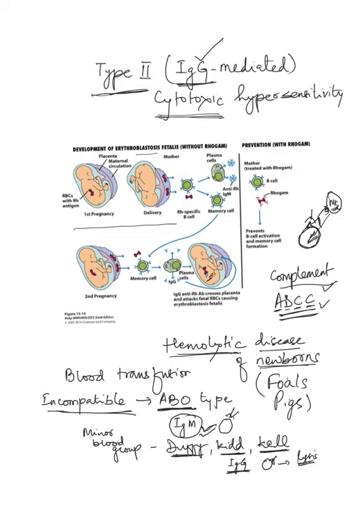Hemolytic disease of newborn. Then there is another example, drug-induced hemolytic anemia. Certain drugs like penicillin and cephalosporins can bind with the proteins on the RBCs, and once bound, they act like a hapten carrier molecule.